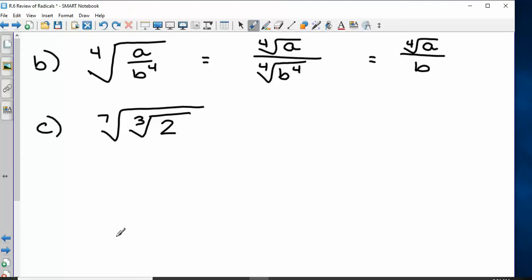If it were like the cube root of 8, you could break that down. Can you do the cube root of 2? No, so I can't actually simplify it, but we could combine these so we only have one radical written. What do I do with the 7 and the 3? Multiply. 7 times 3 is 21, so we get the 21st root of 2.